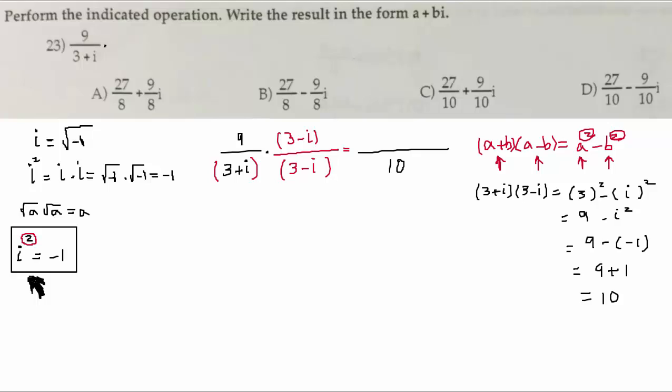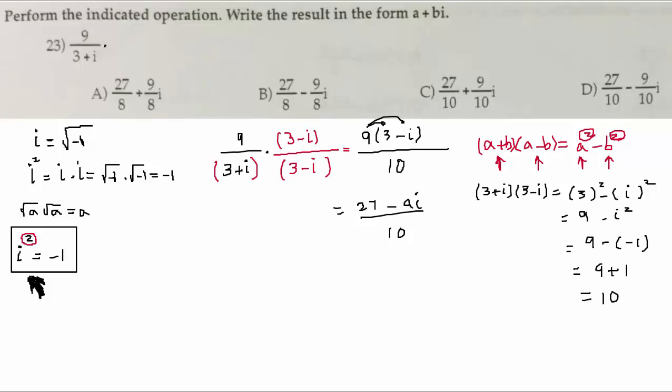So at the top of the fraction, I get 9 times 3 minus i. Now if I go ahead and distribute that, I would get 27 minus 9i over 10. Now, since my choices here are in the form a plus bi, I have to separate these so I can get it into that form.